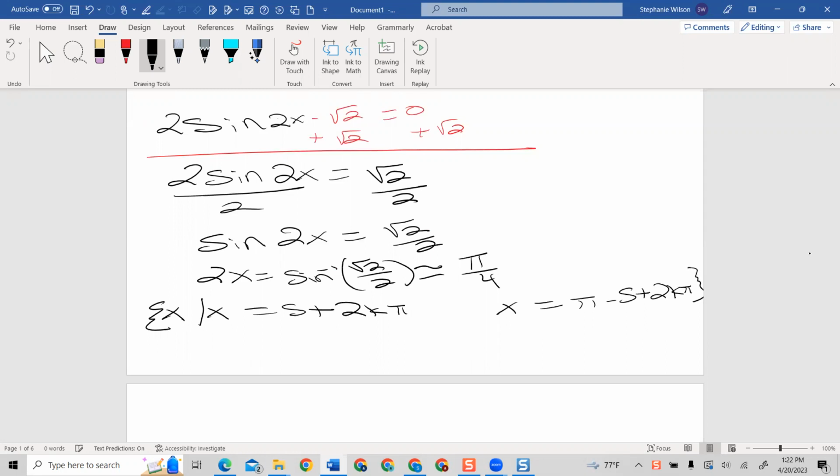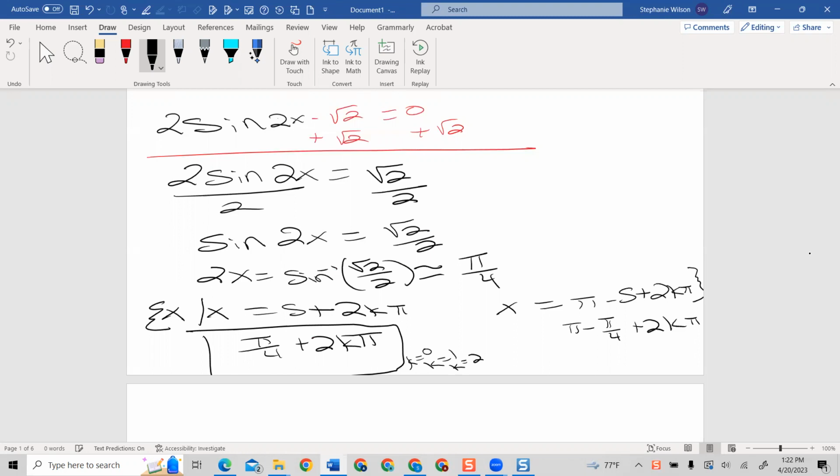So let's plug in. My s is pi fourths, plus that 2k pi. So this is one answer. If it asks us for the exact value, then plug in k equals 0, k equals 1, k equals 2, and you have some values. This one here is pi minus that pi fourths plus 2k pi. And let's see.